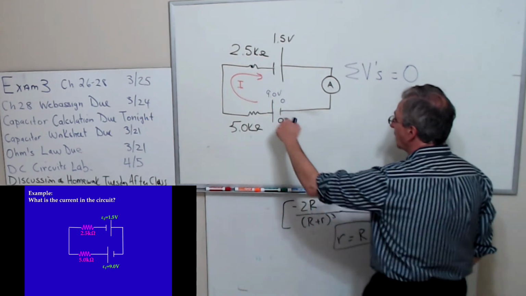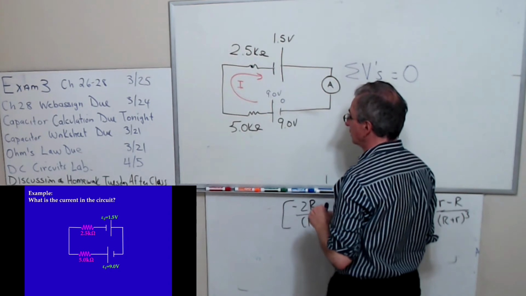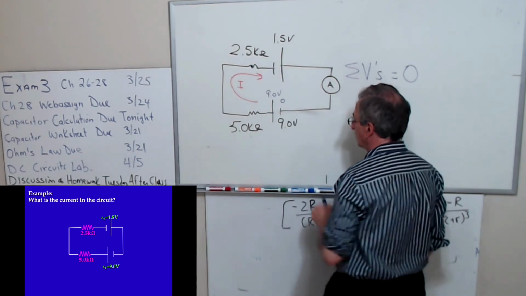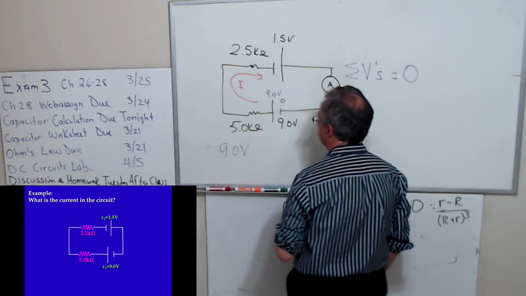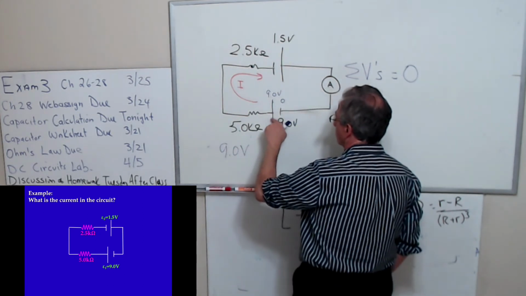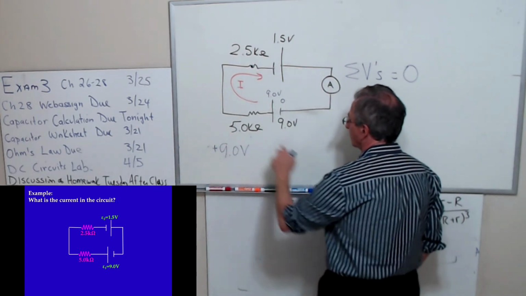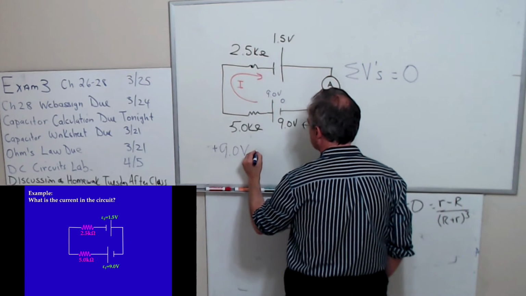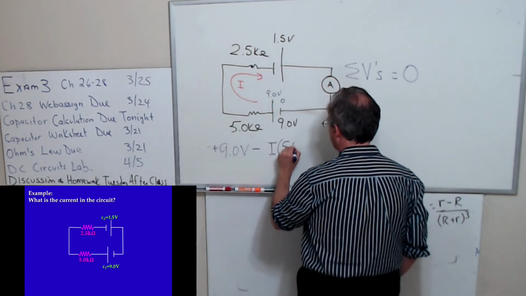So if I go around in the direction in which the current, the charge, flows, I say, okay, I'm going to have 9 volts. The voltage increases, so plus 9 volts. The voltage across this is going to drop, so I say minus I times 5.0 kilo ohms.